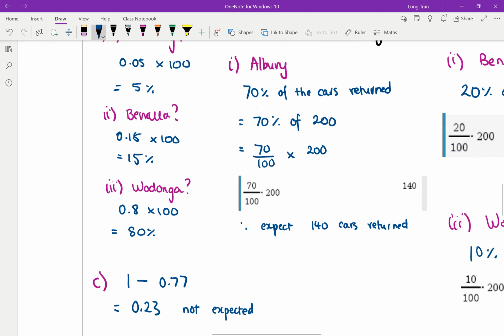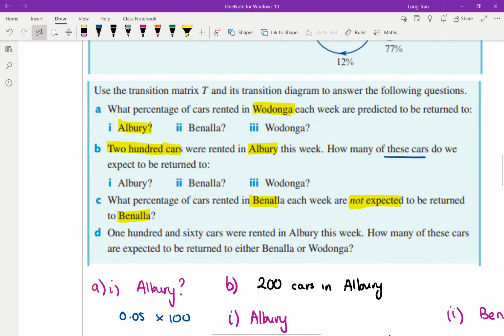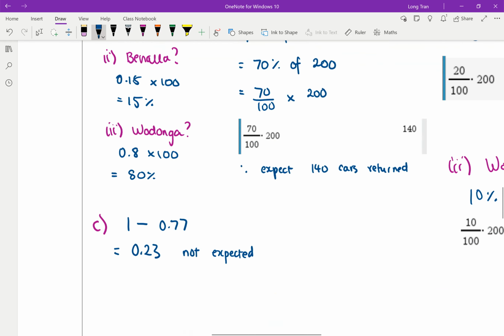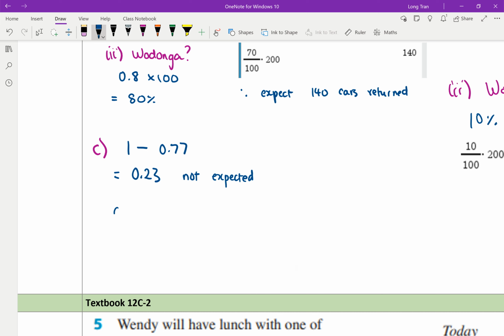Okay, and so when they ask you what percentage, well, 0.23 converted to a percentage, times by 100, gives you 23% not expected.